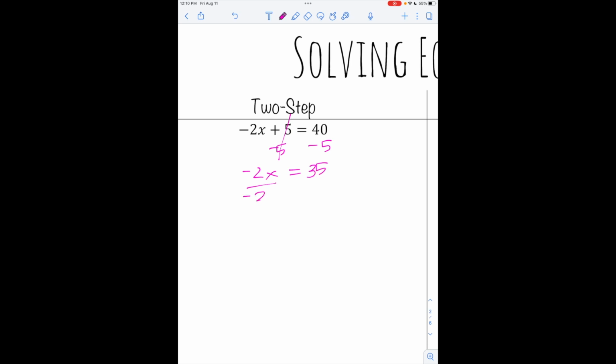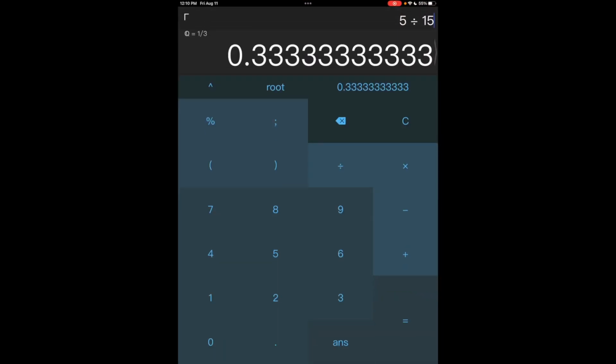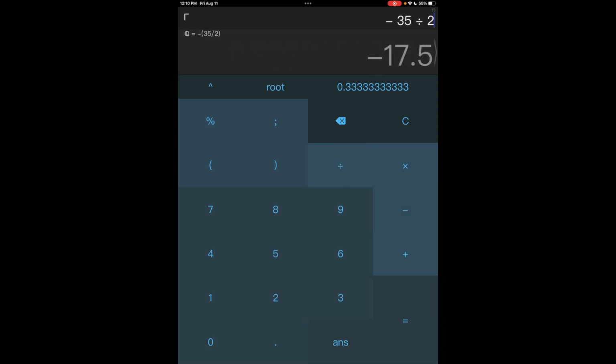Then divide both sides by negative 2. I get x equals negative 35 fifths, or sorry, negative 35 halves, or I can go ahead and divide. So negative 35 divided by 2 is negative 17.5.